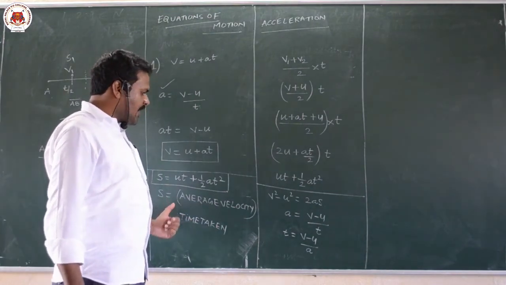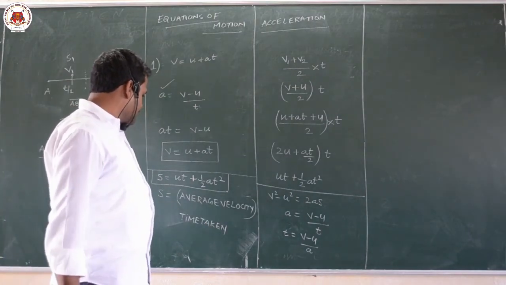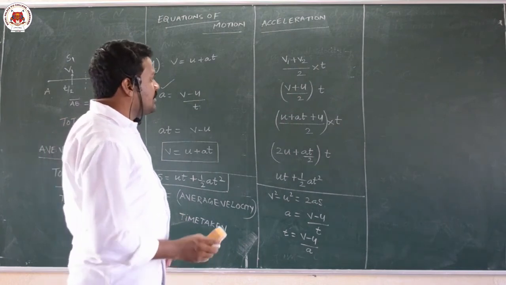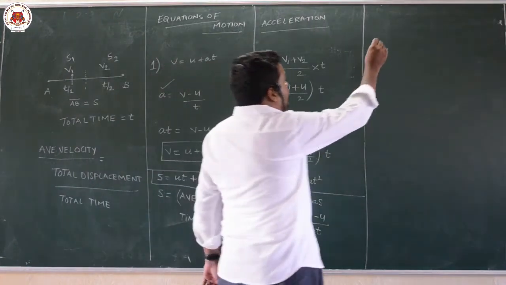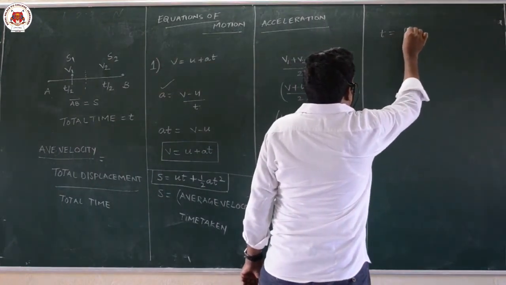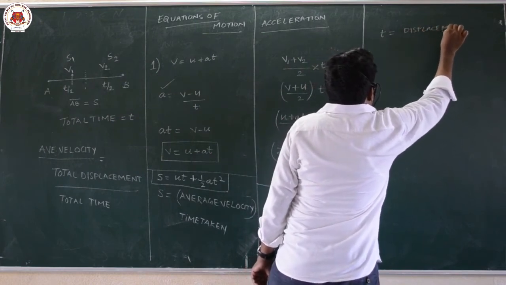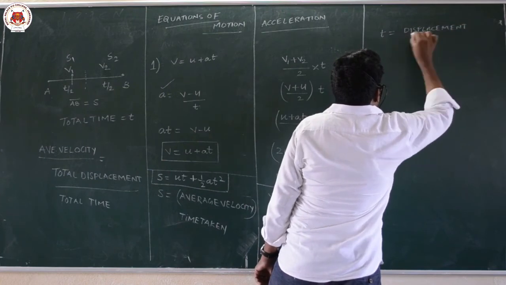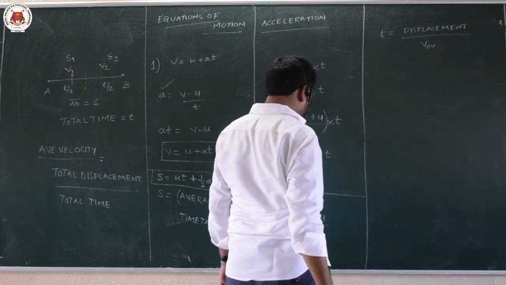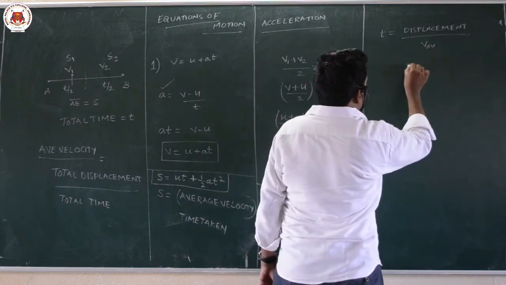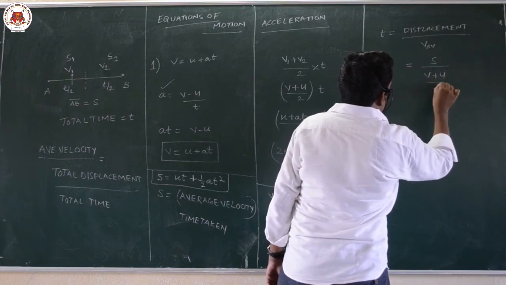Again, time you can write as displacement by average velocity, because displacement is equal to average velocity into time taken. Displacement is s, average velocity is v plus u by 2.